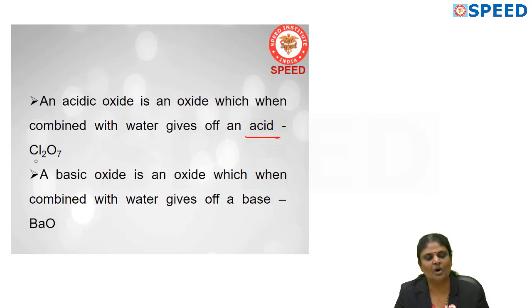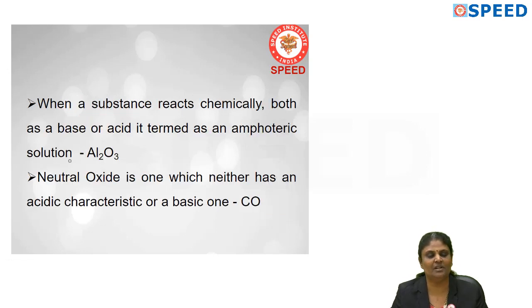In your options, Cl2O7 is a very good example of an acidic oxide. A basic oxide is an oxide which, when combined with water, gives off a base. In your options, BaO is the correct example of that.